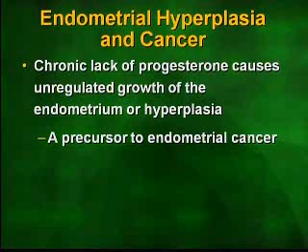The excess estrogen without progesterone causes the endometrial hyperplasia. If ovulation does not occur, progesterone is not made and the lining is not shed. Over time, the resulting thickened endometrial changes can become abnormal and lead to cancer of the uterus.